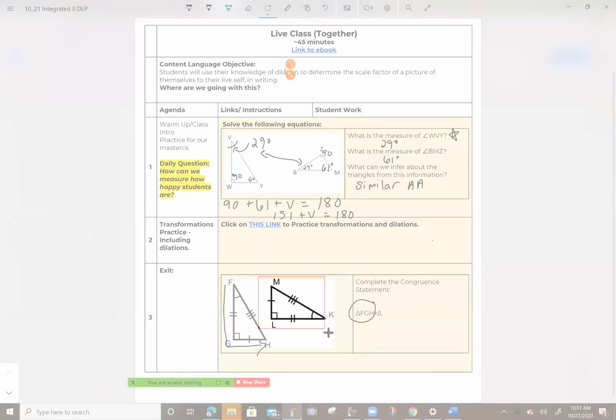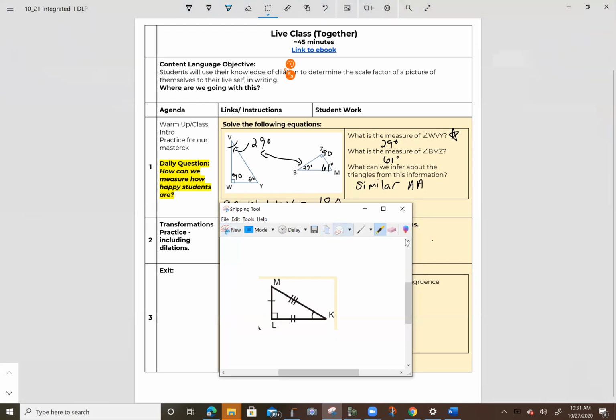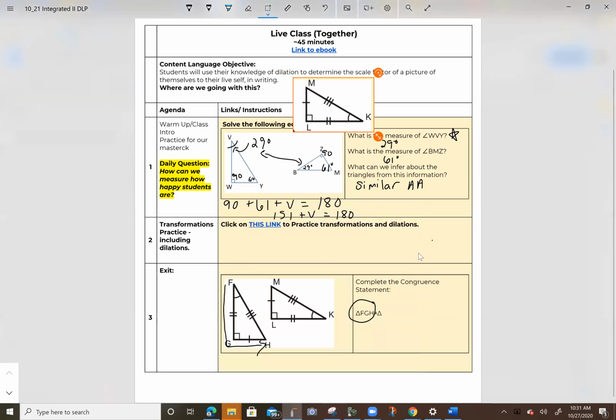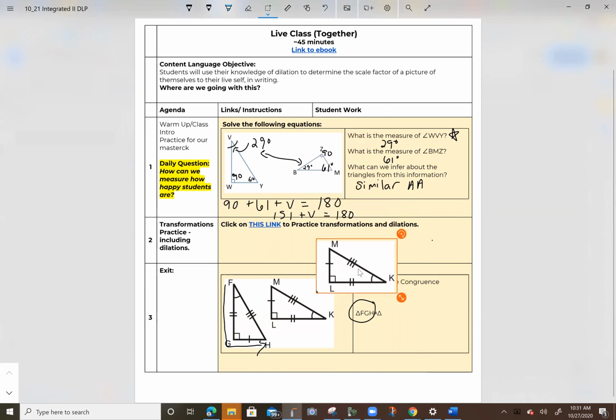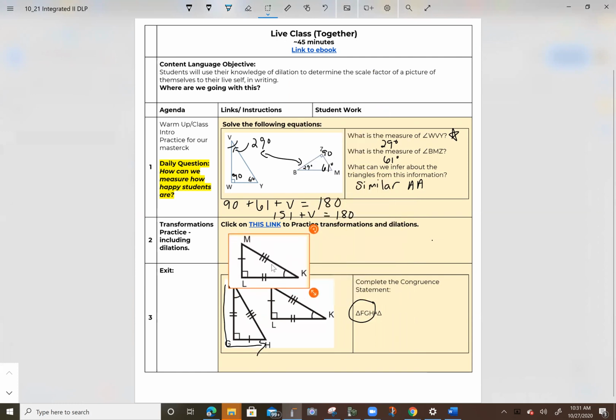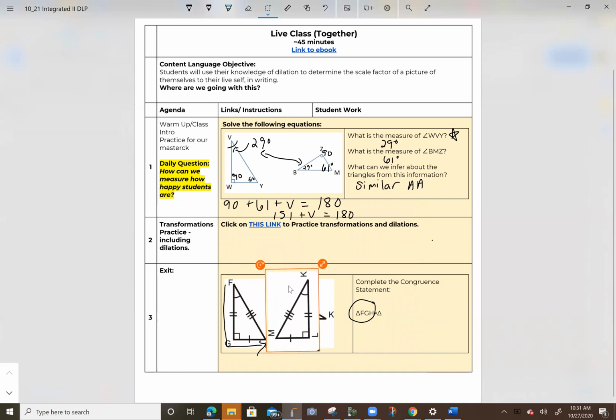I want to make the second triangle move so that it lays on top of the other triangle. So to do that, I would have to turn it this way. Right? And then I need to reflect it.